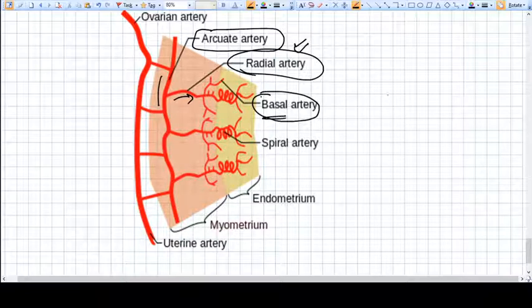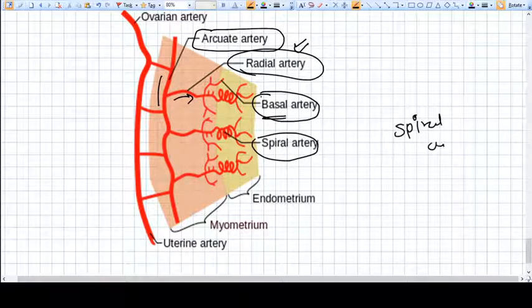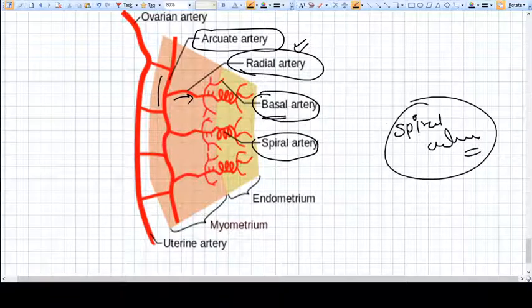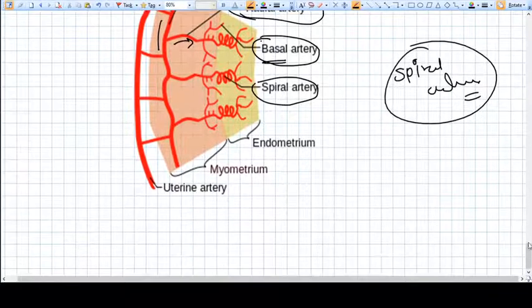Why do we call it the basal artery? Because it is at the base of the endometrium, and in the endometrium this artery goes with spiral arteries. These spiral arteries are the arteries of the endometrium. They are tortuous.